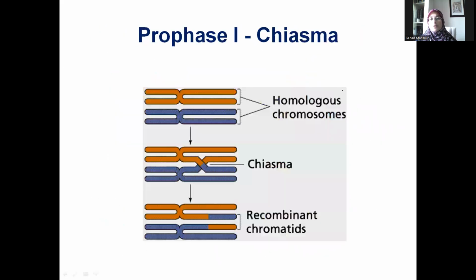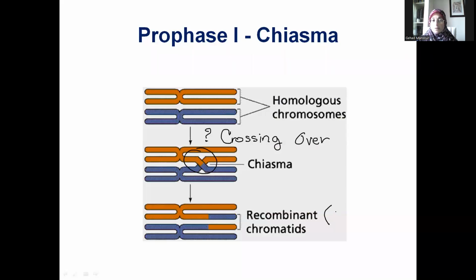Now let's move on. Here again, you can see two homologous chromosomes, the brown one and the blue one, and the X shape you see here is the chiasma. But the process that occurred here is a process of crossing over, and finally you obtain recombinant chromatids.